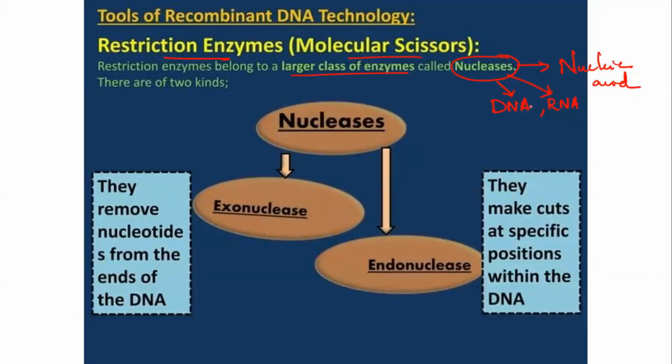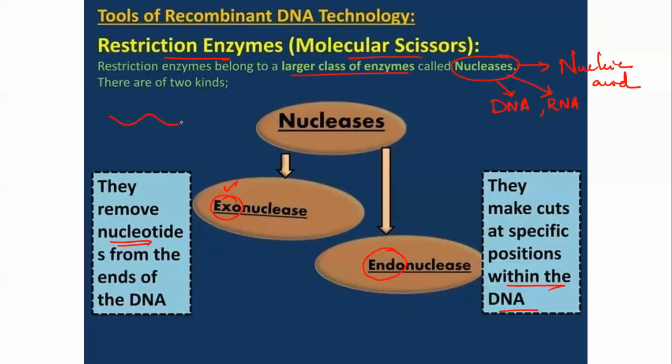And there are two types of nucleases, exonucleases and endonucleases. Exonucleases remove the nucleotides from the ends of the DNA, while the nucleases which cut at a specific position within the DNA are endonucleases.